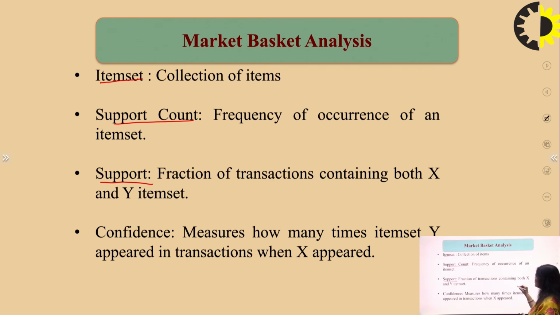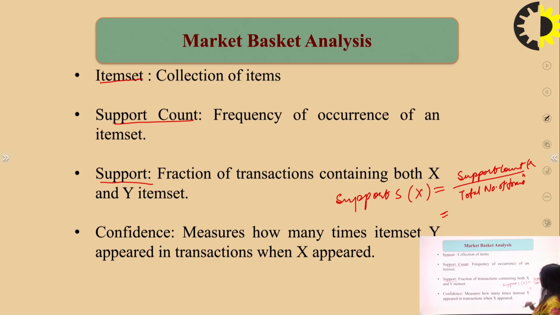We can find the support S of a certain item X by taking the support count of X divided by the total number of transactions.